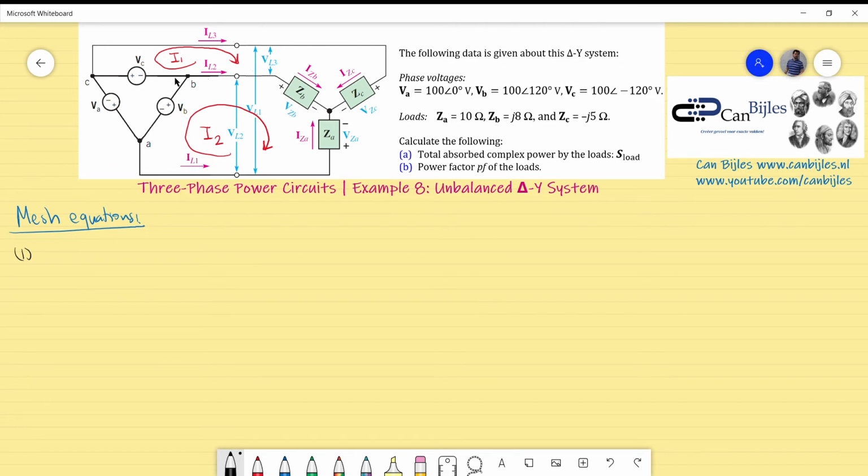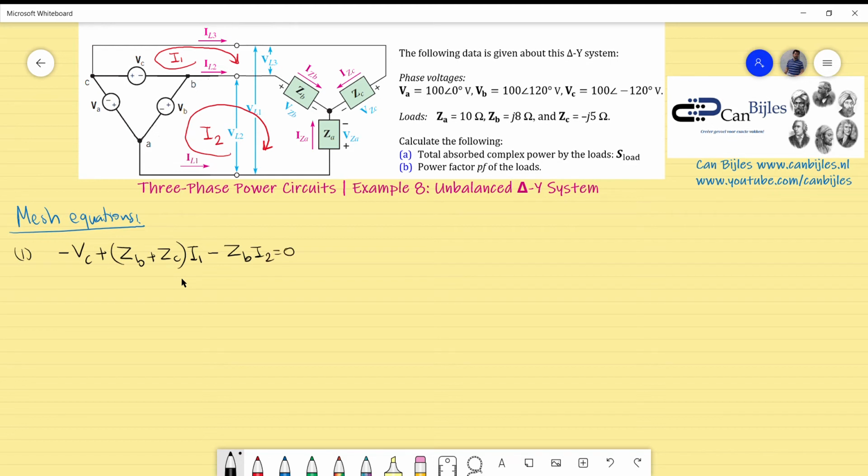What I have is the following: minus VC, and the two impedances ZB and ZC will see I1 as positive, but will see I2 in the opposite direction, so we have a minus ZB times I2. So I have minus VC plus the two impedances ZB and ZC, which see I1 in the positive direction, but I2 is in the positive direction for ZB only, and this equals 0. So this is the first equation.